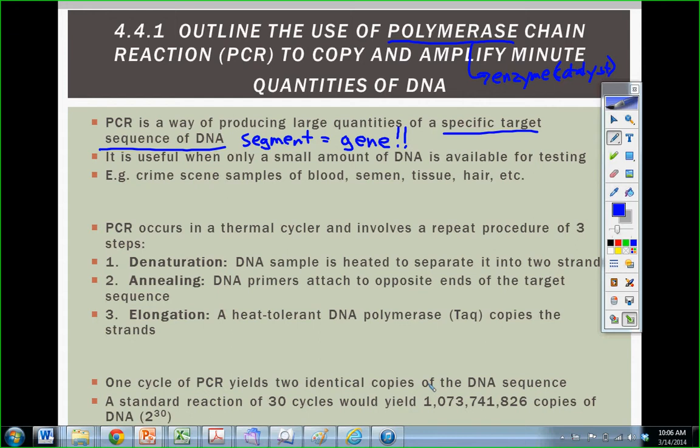It is useful when only a small amount of DNA is available for testing. So if you go into the crime scene, the forensics, this is what it is: crime scene blood samples, semen, tissue, and hair. Those aren't the semen that are in our Navy, by the way. That's not what we're talking about here.